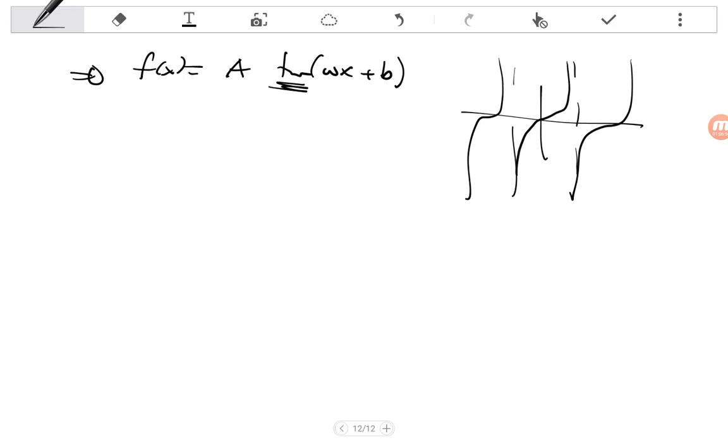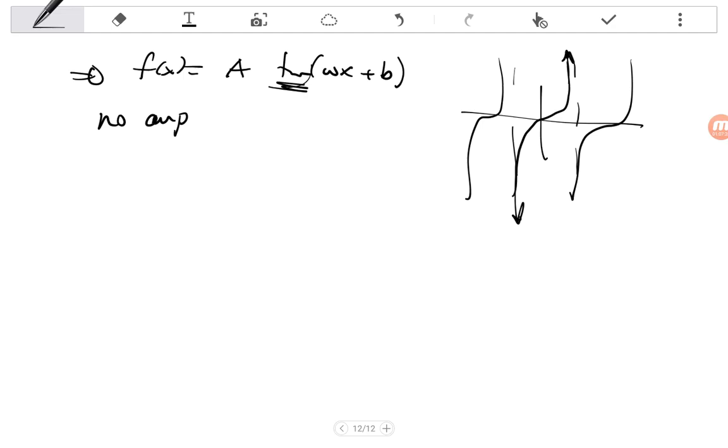We have learned that the amplitude of a function is the difference between the maximum and the minimum, divided by 2. So what is the maximum and minimum value of tan? It just grows to infinity and goes down to negative infinity. So when we have a tan function, it has no amplitude. We say that a tan function has no amplitude.